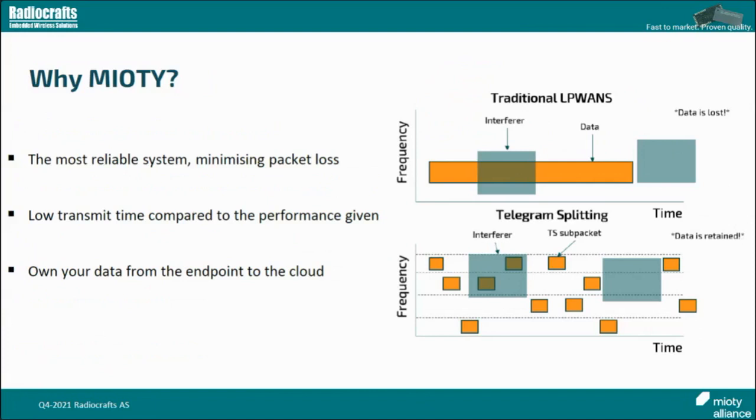It also has a low transmit time compared to some other solutions which try to do things in a more basic way by just repeating the message until the data gets through.